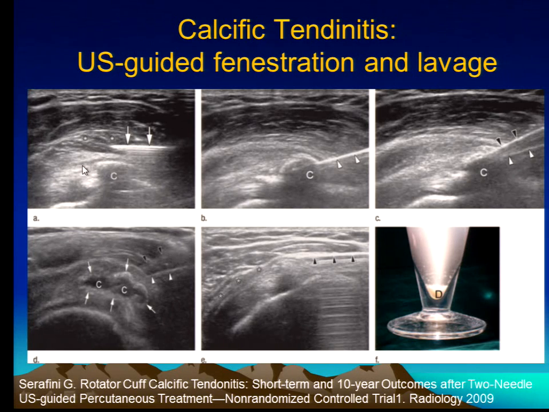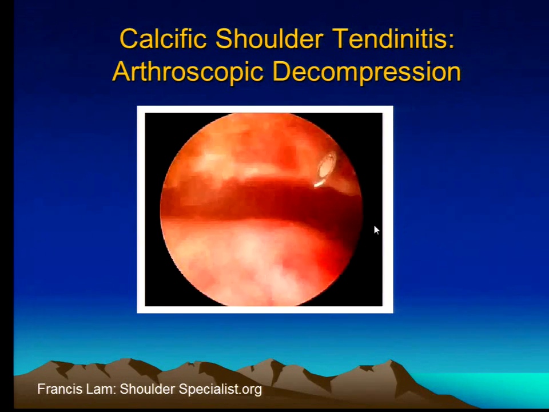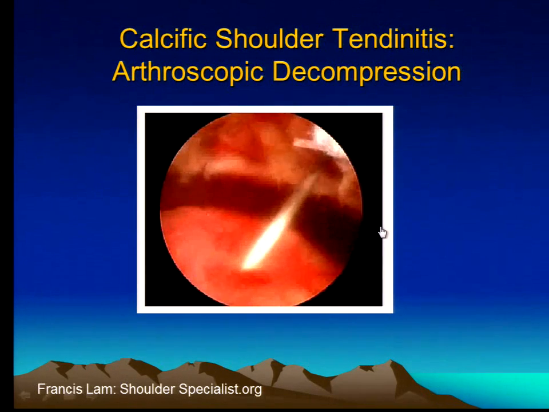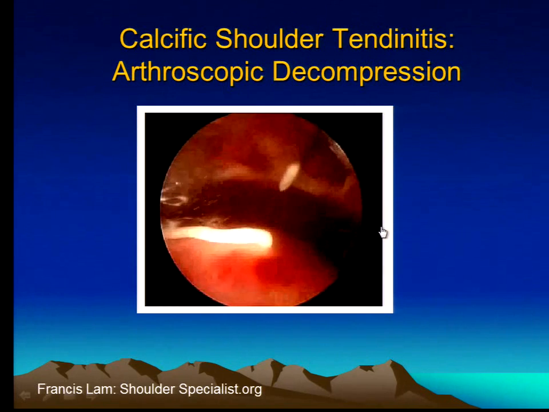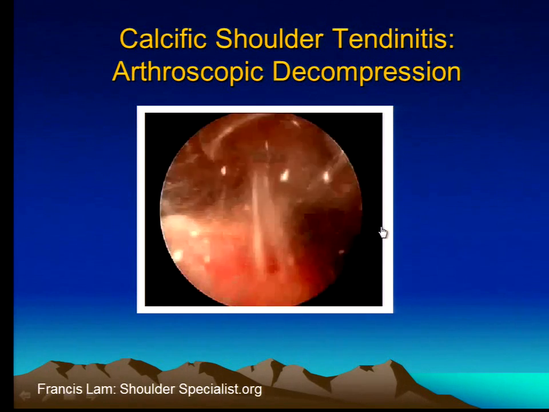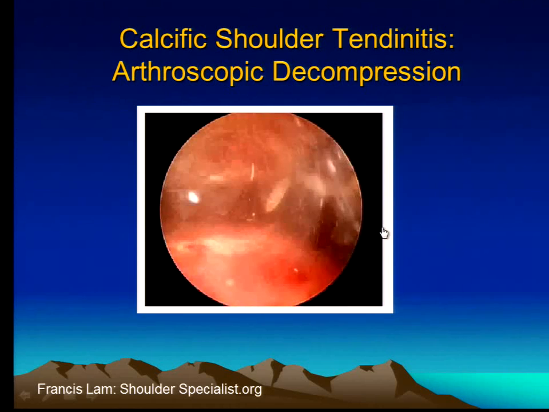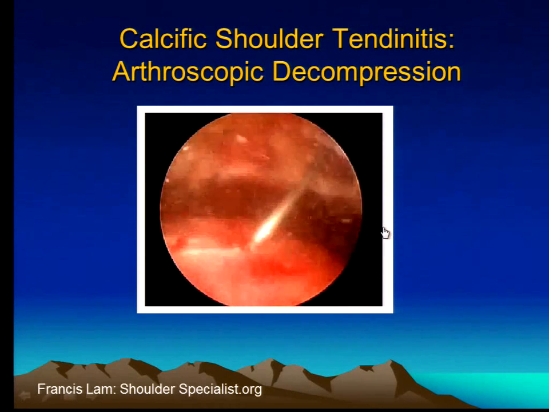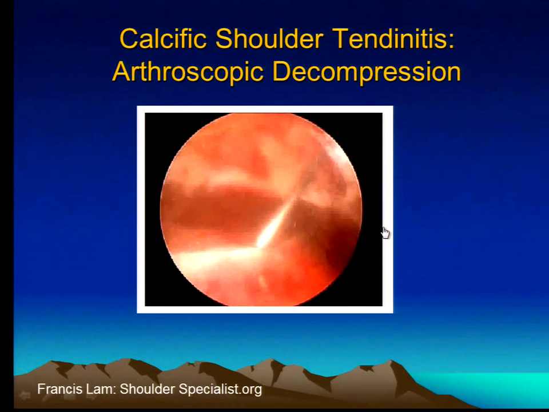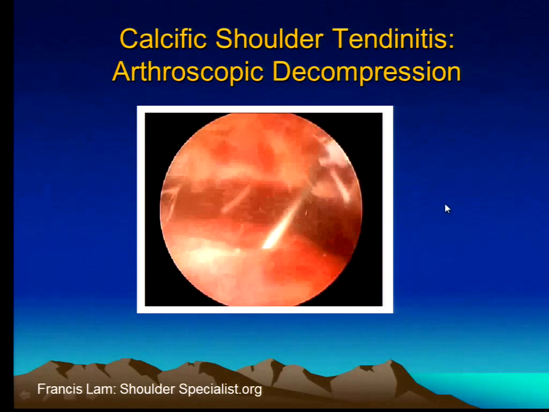So if you look at this picture here, you'll see some examples. Here's a needle, and this is the calcium deposit. Here's an example of calcium and the needle going to it. And sometimes you can get some calcium deposits aspirated. And what are we doing? Well, this is a video scope of what we're doing. The needle pops in that calcium, and it kind of just ruptures, and it has the consistency of toothpaste.